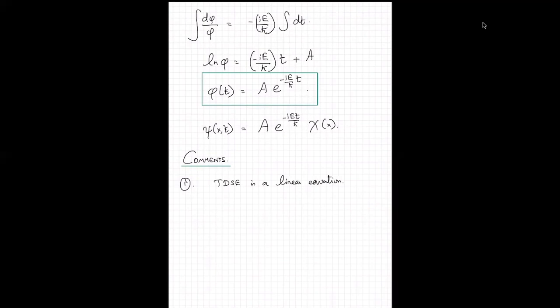What does this mean? A linear equation simply means that if there are two solutions, psi 1 and psi 2, then a linear combination psi equals A psi 1 plus B psi 2 is also a solution.